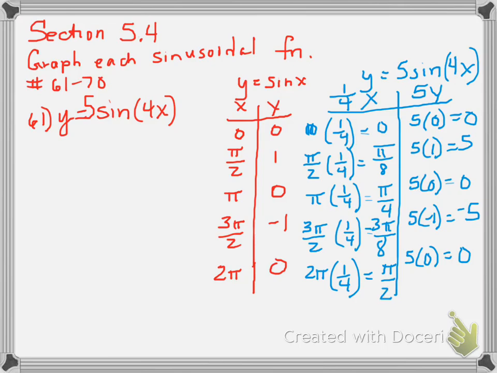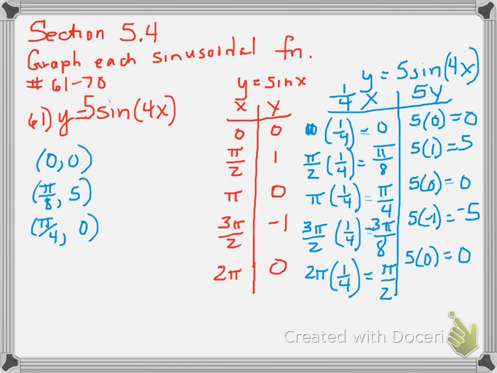Alright, so over here I'm going to write my actual points of my new function. So my actual points that I'm plotting would be 0, 0. The next one will be pi over 8, 5. The next one would be pi over 4, 0.